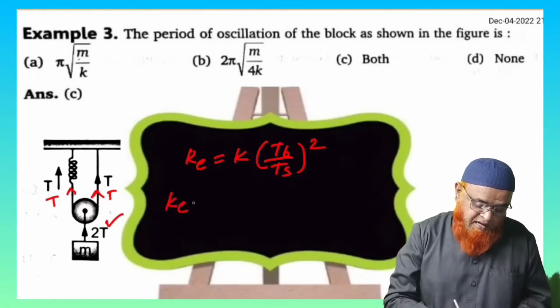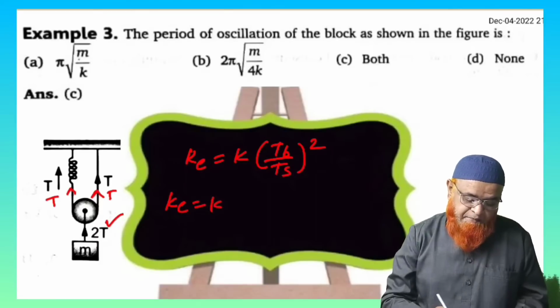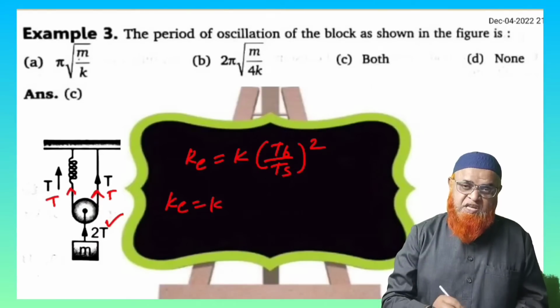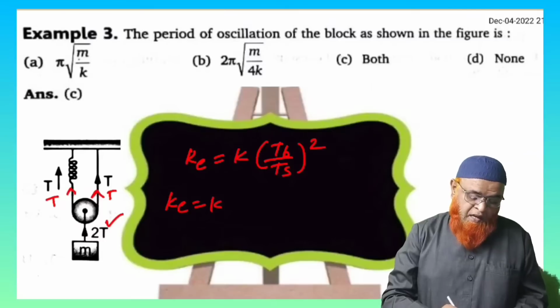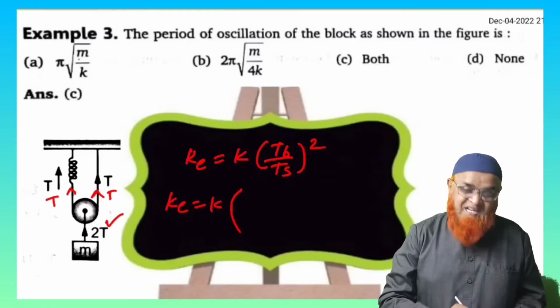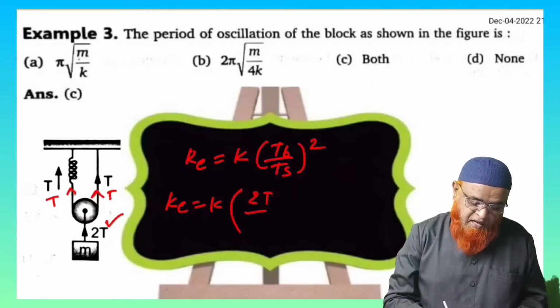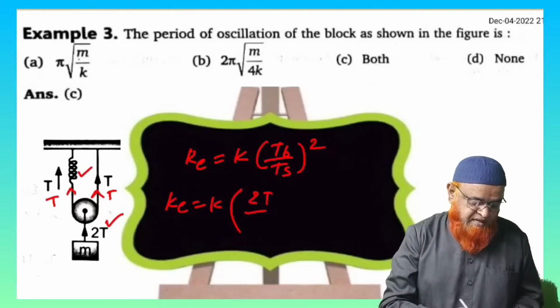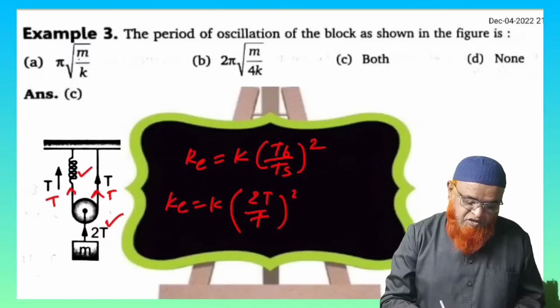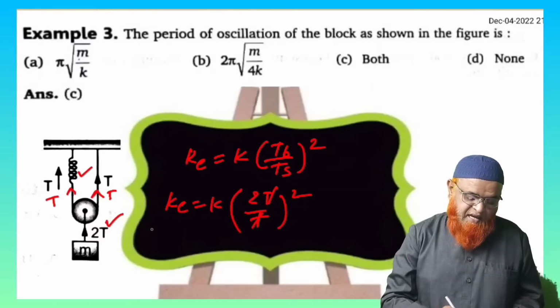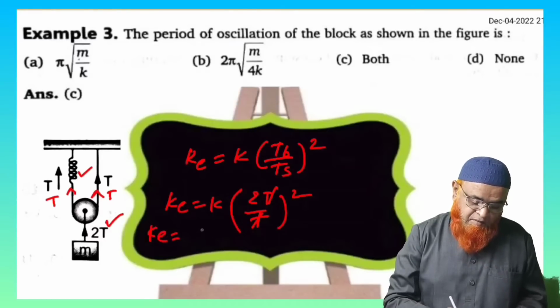Therefore, K effective is going to be K times tension in the body, what is the tension in the block? It is taken as 2T, and tension in the spring here is considered as T, which is whole square. So T gets cancelled here. K effective is nothing but 2 square, 4K you are getting.